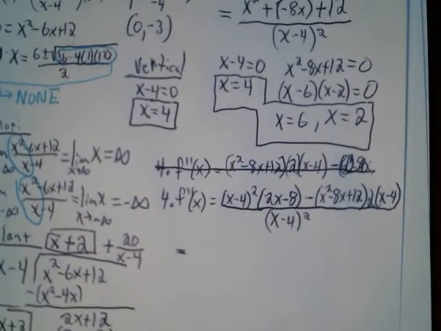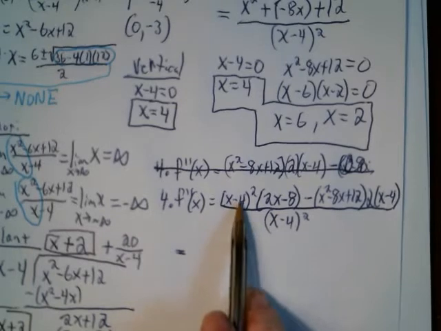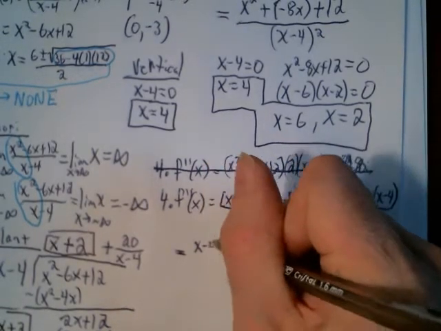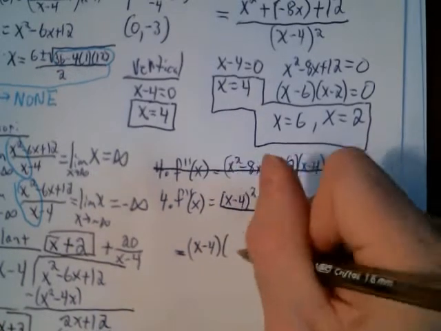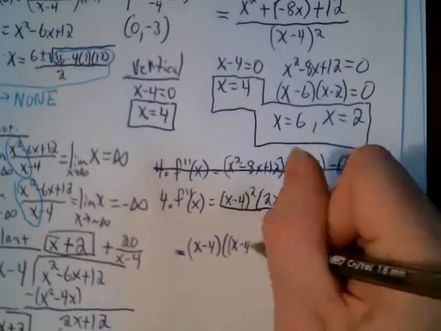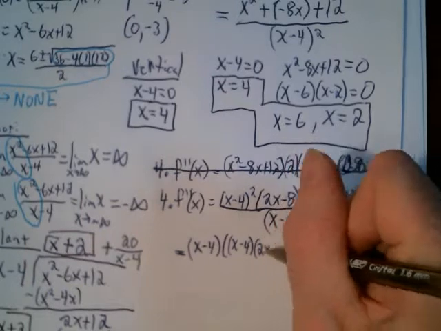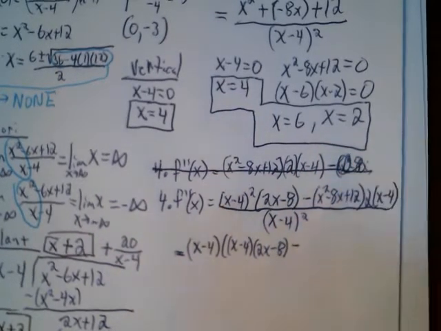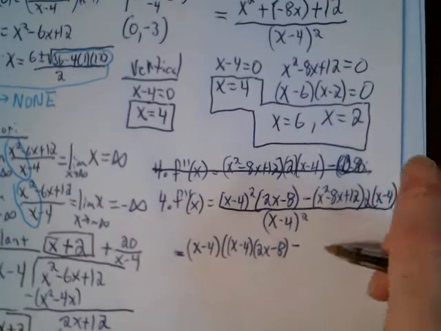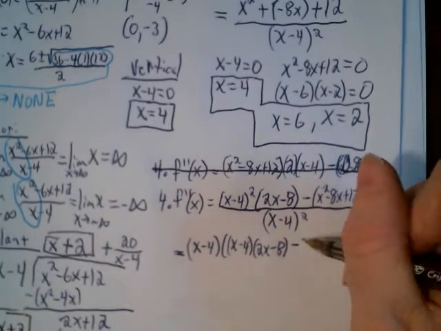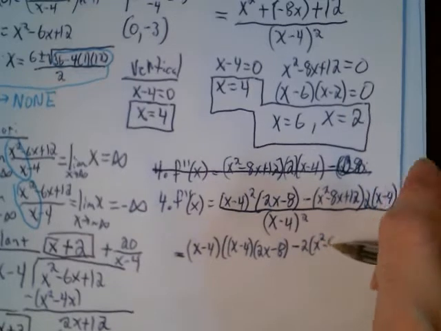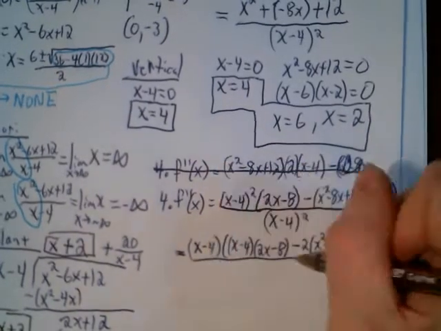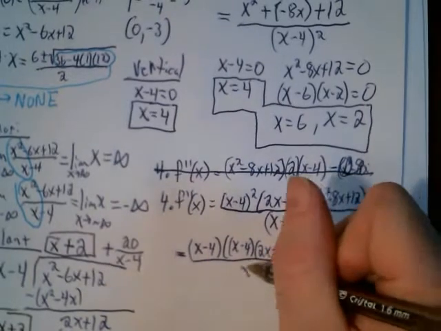In the numerator, I'm going to factor out a factor of x minus 4, so I'll have x minus 4 times x minus 4 times 2x minus 8, minus, if you factor out this x minus 4, you're going to be left with 2 times x squared minus 8x plus 12, and then all over x minus 4 squared.